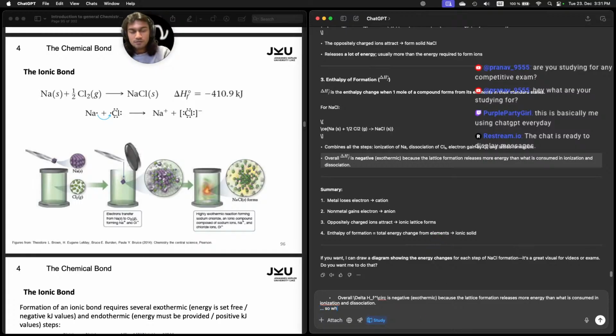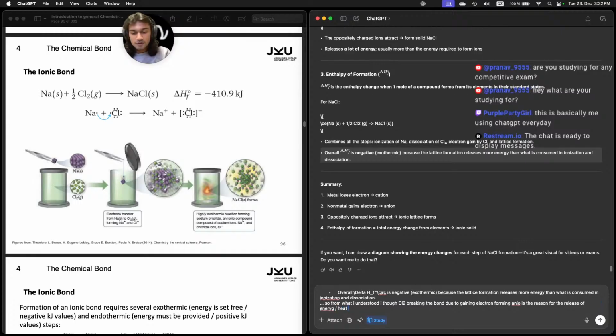From what I understood, I thought CO2 breaking the bond due to gaining an electron, forming an anion, is the reason for the energy slash heat, resulting in an exothermic reaction.